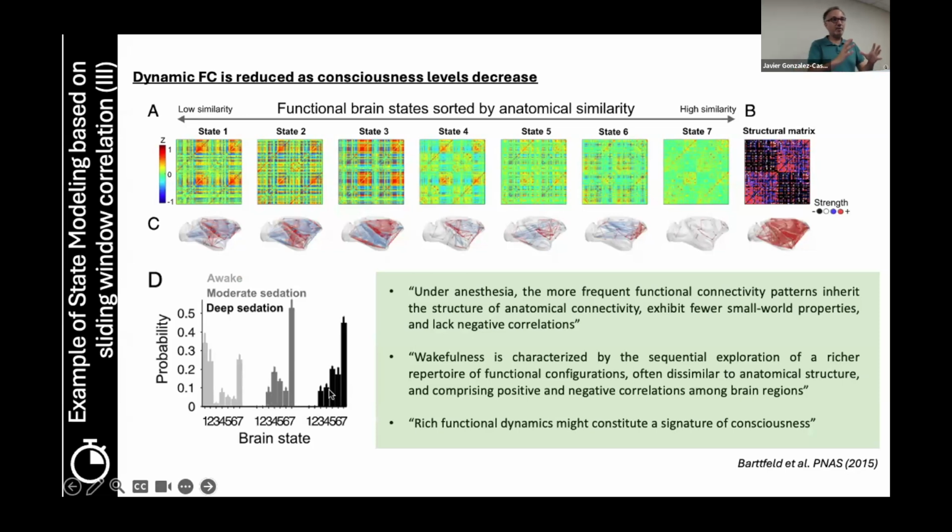So it looks like the dynamics that you see when awake are much more variable than the dynamics that you see when they get into a state of deep anesthesia, which again, I think adds to the idea that what we see with this type of analysis is real.